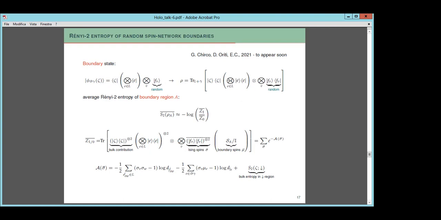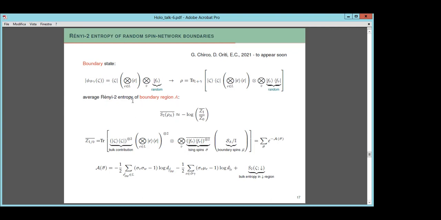So the state, the density matrix, is the following. The difference with respect to the previous case is that now we have the input bulk state, which is considered together with the rest of the graph.